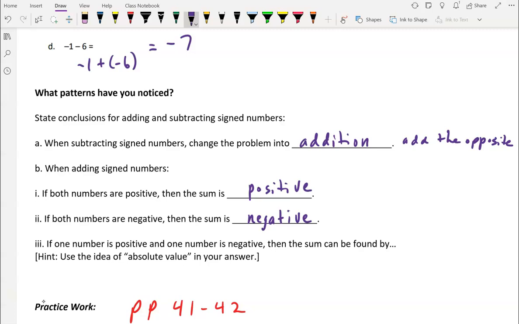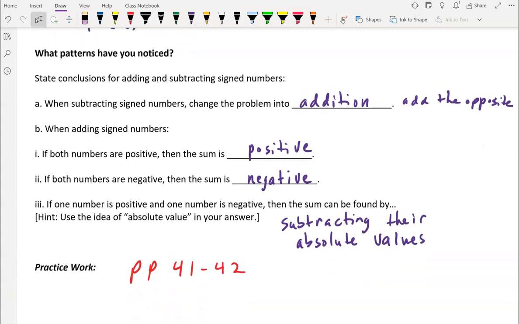And if one number is positive and one number is negative, then the sum can be found by subtracting their absolute values, and then use the sign of the larger addend.